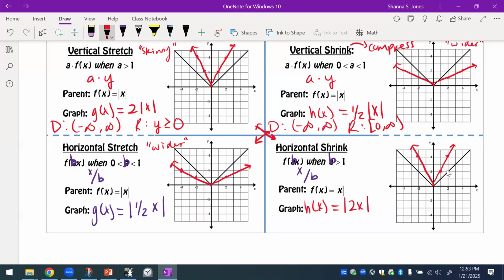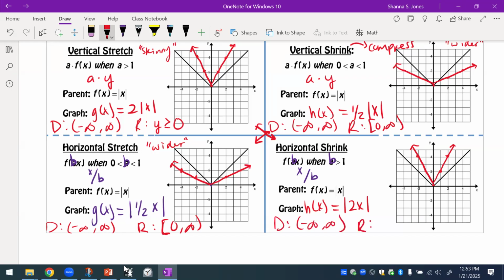Do we see that? All right, the domain here. So the domain is still negative infinity to positive infinity. The range is still going to be 0 to infinity. Make sure when you write it, it's a bracket if you're not using inequalities. The domain here is still negative infinity to positive infinity.